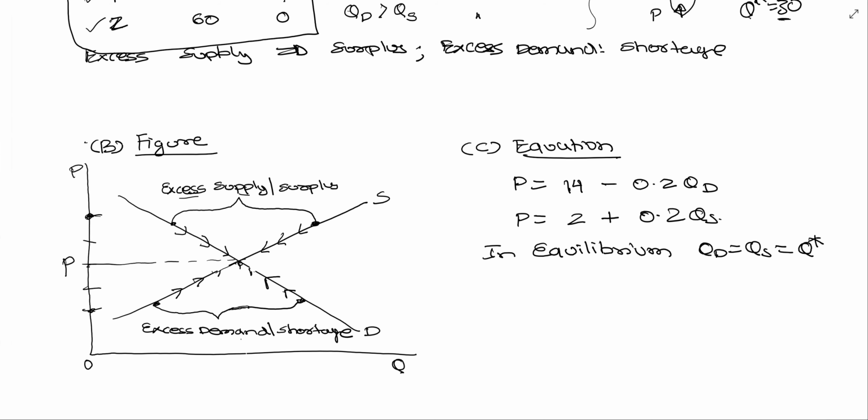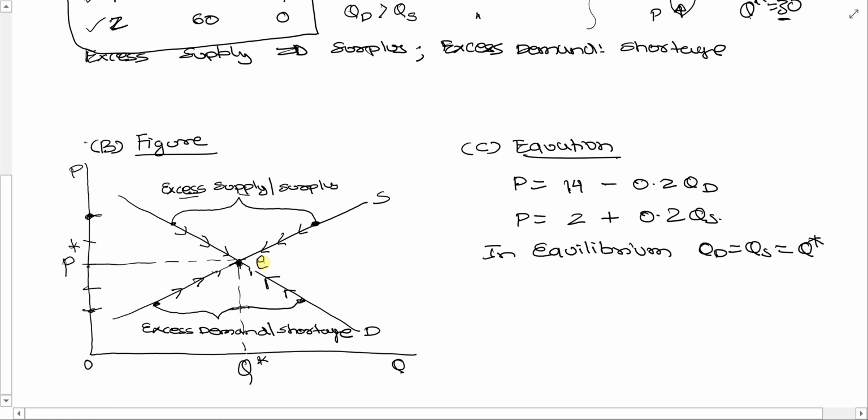The market is facing a situation where either the demand is greater or the supply is greater, but they are not equal. But at this point, you would achieve equilibrium, represented by this P star and Q star, to represent price equilibrium and quantity equilibrium, and we'll call this point E just to represent equilibrium. And at this point, the prices will stop moving because the demand meets the supply, or the market has cleared, so to speak.